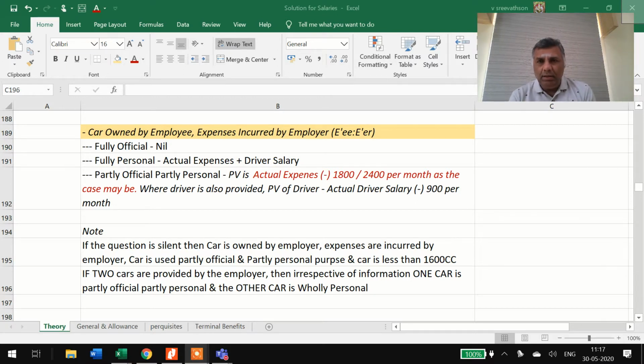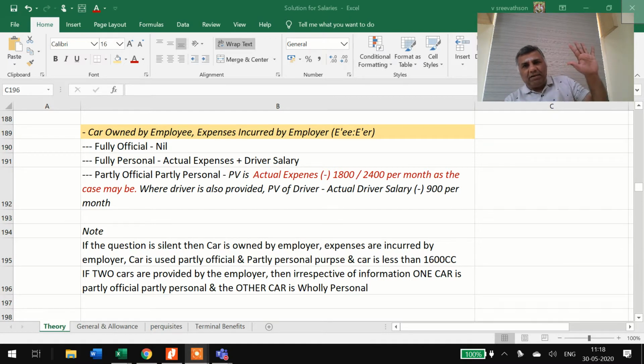We have seen 12 different perquisites: rent-free or concessional rental accommodation, interest-free or concessional interest loan, monetary obligation of employee met by employer, usage of movable asset, transfer of movable asset, gift, lunch, ESOP, educational facility, medical facility, leave travel concession, and motor car. 12 different perquisites and its basis of valuation is what we have completed.